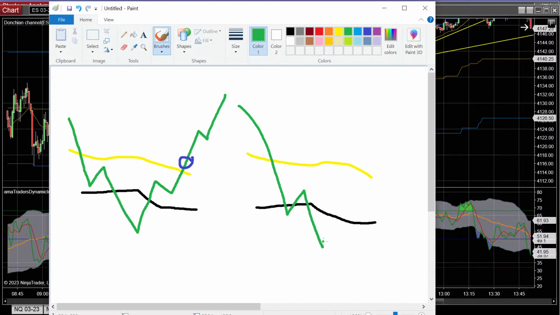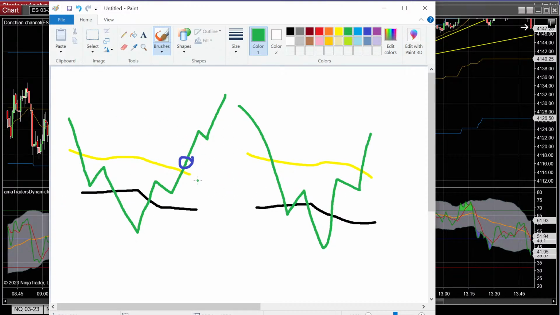So you're looking at what has to happen now to make this pattern occur, which means the EMA has to stay above the Donchian, and price has to come back up and cross above the EMA.